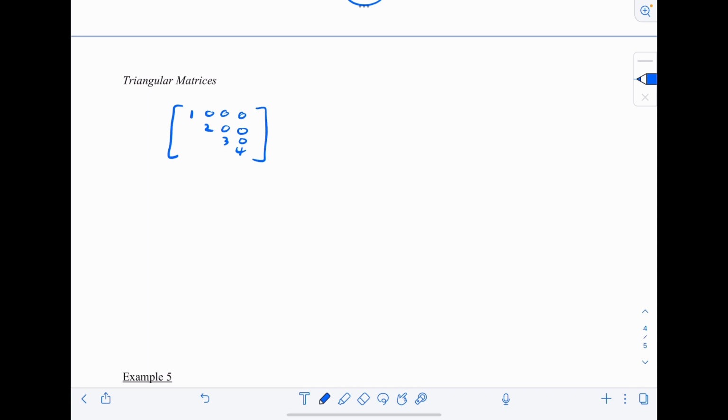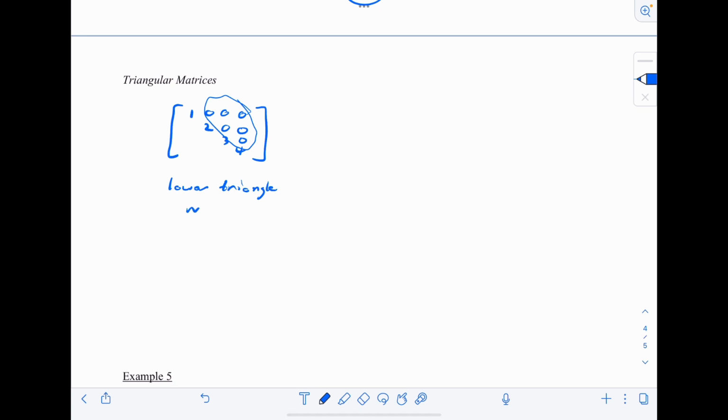Now, other entries, including values in that diagonal, can be 0, but you very clearly have, over on this side, all zeros. In this case, we call this a lower triangular matrix because the actual values that are non-zero are in the lower part of that matrix.